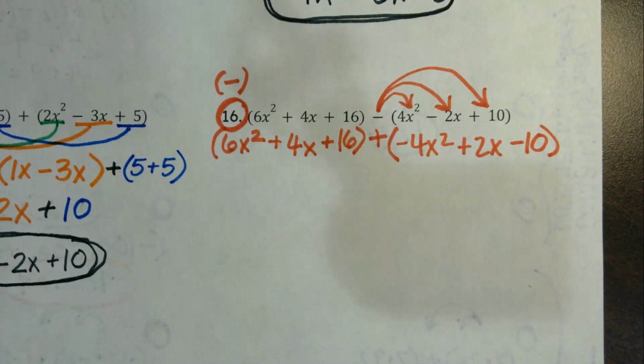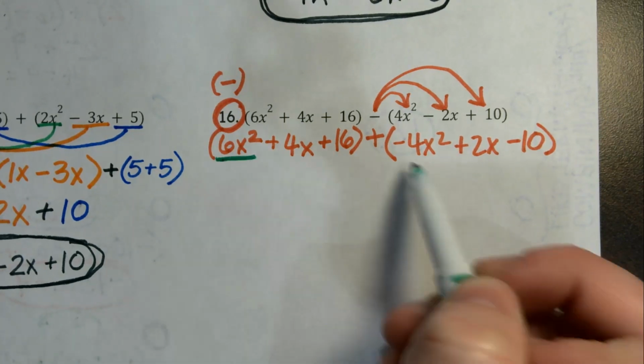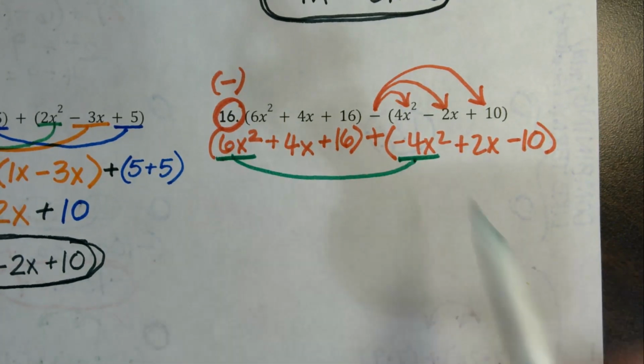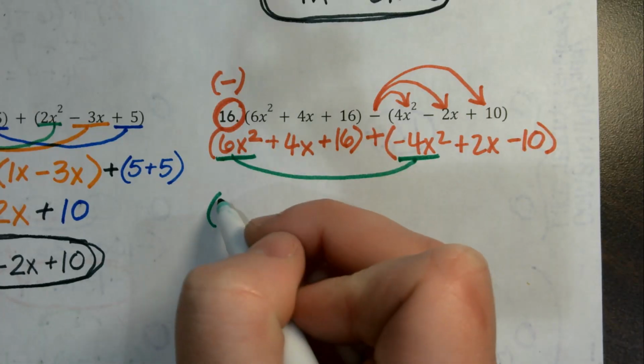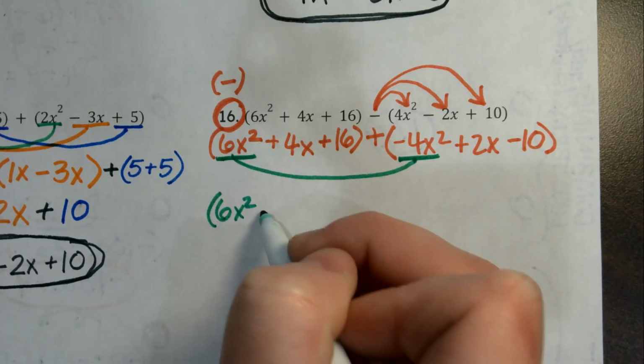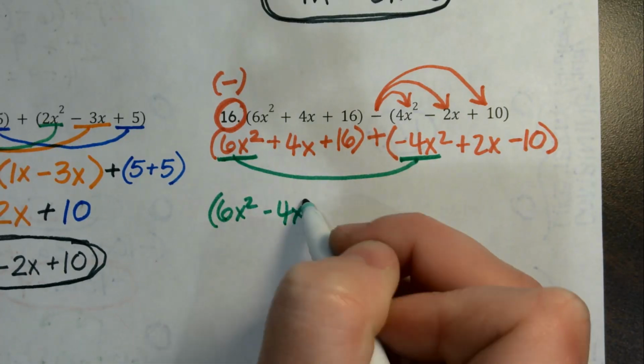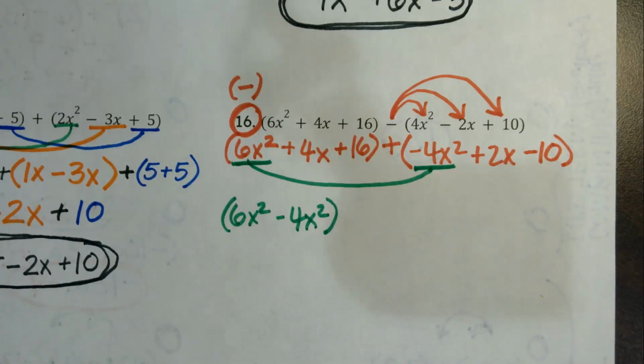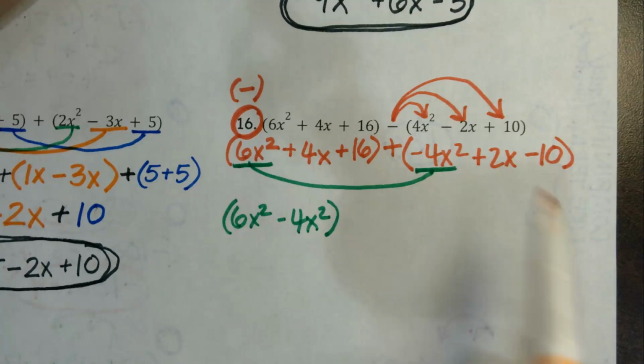All right. Now what? 6x squared minus 4x squared. Perfect. 6x squared minus 4x squared, those are going to go together. I'll go ahead and just write them out as we go. 6x squared minus 4x squared. Okay, what's our next one? 4x minus 2x.